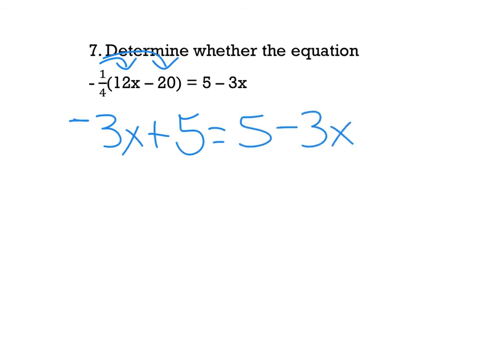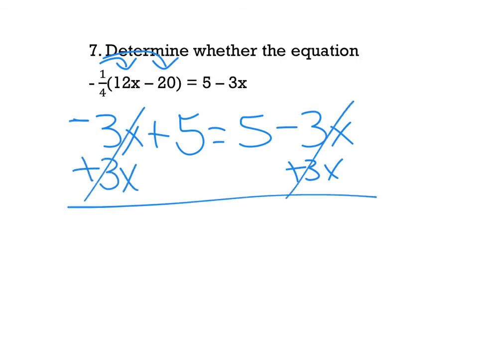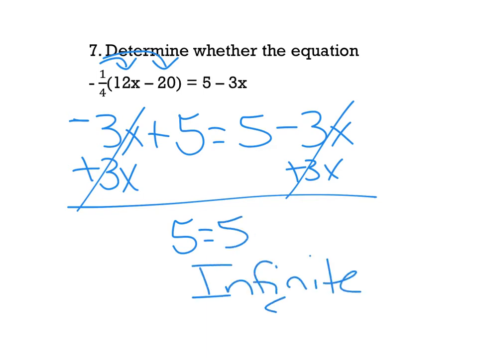If I was to rewrite this, it is the same, but if you don't see that immediately, go ahead and add 3x to both sides, and 5 equals 5, which gives you infinite solutions. That means anything goes. Anything that we put in for x is going to be an answer.